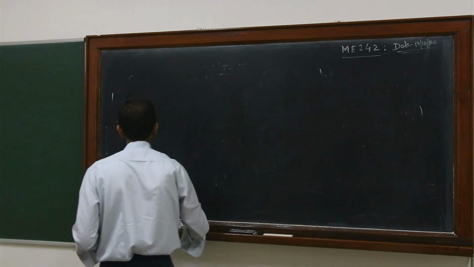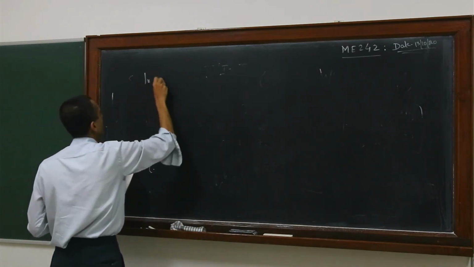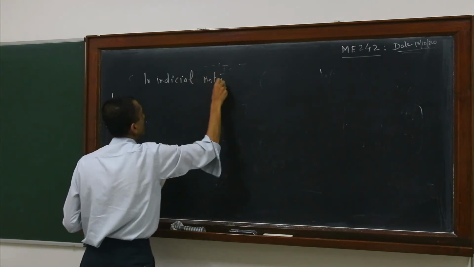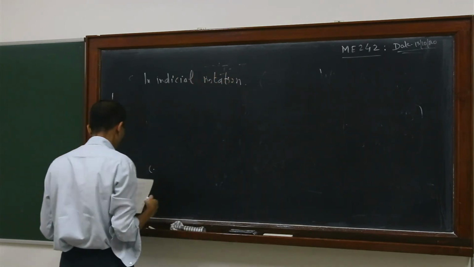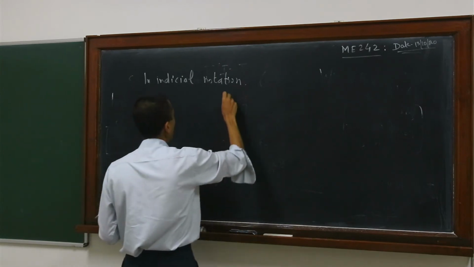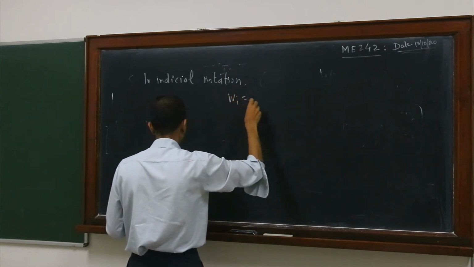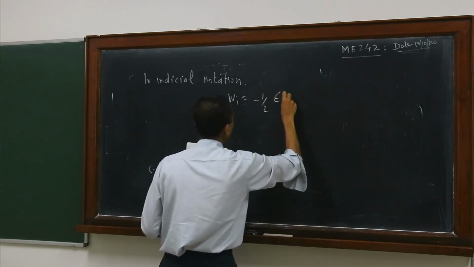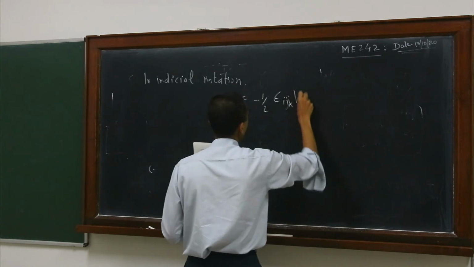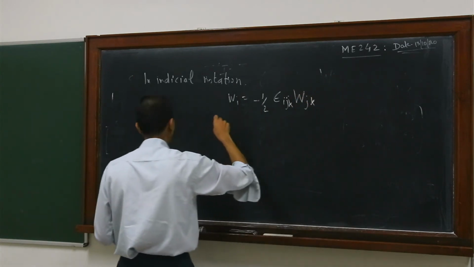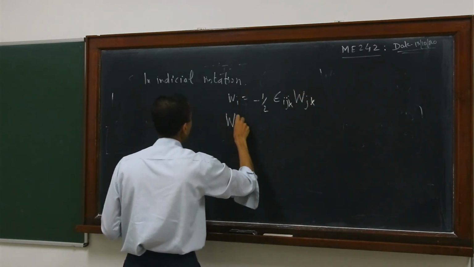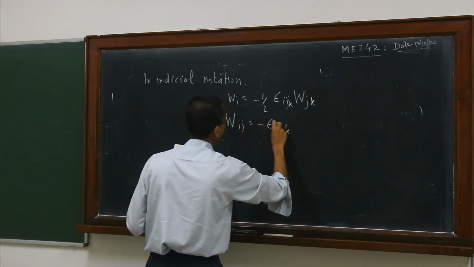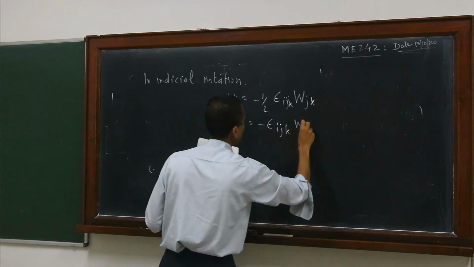So in index notation, you'll get that Wi is equal to minus half of epsilon ijk times Wjk, and Wij is equal to minus epsilon ijk times Wk.